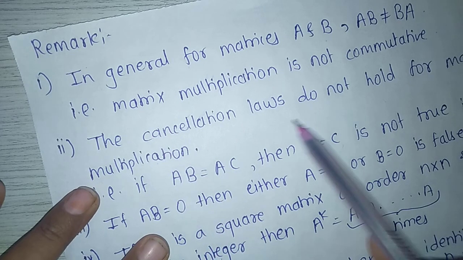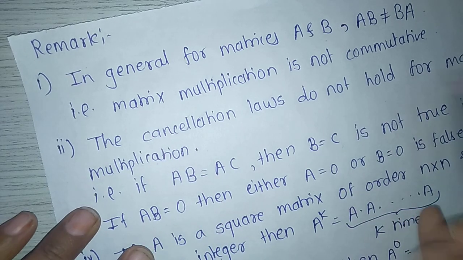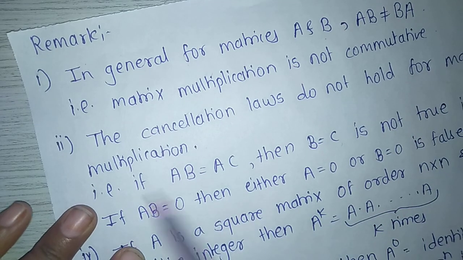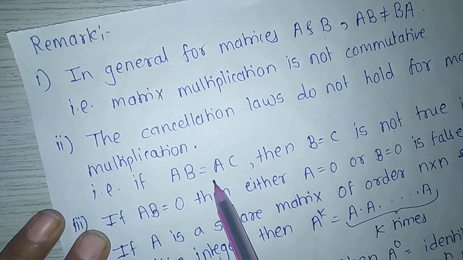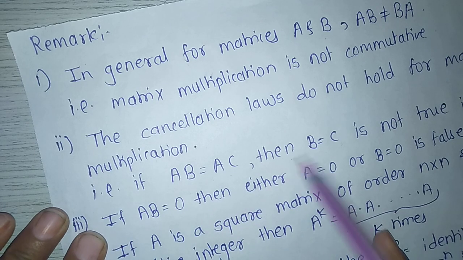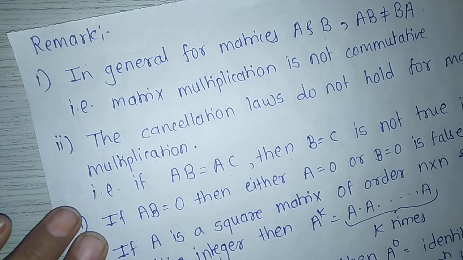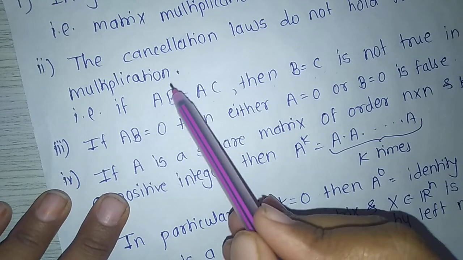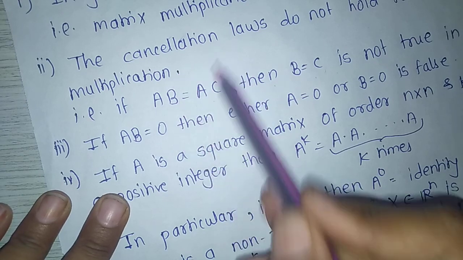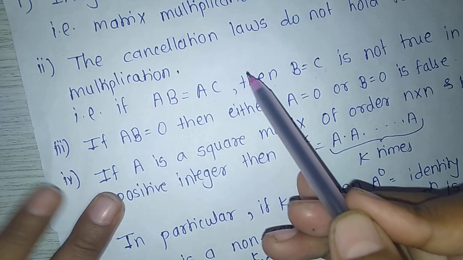Second, the cancellation laws do not hold for matrix multiplication. That is, if A into B equal to A into C, then B equal to C is not true in general. Means here we cannot cancel A for matrix multiplication.